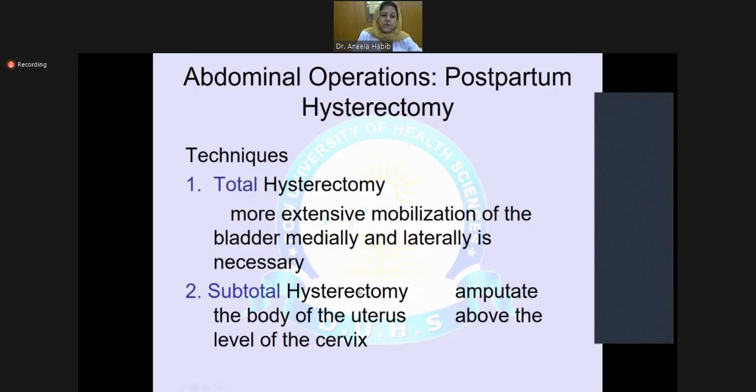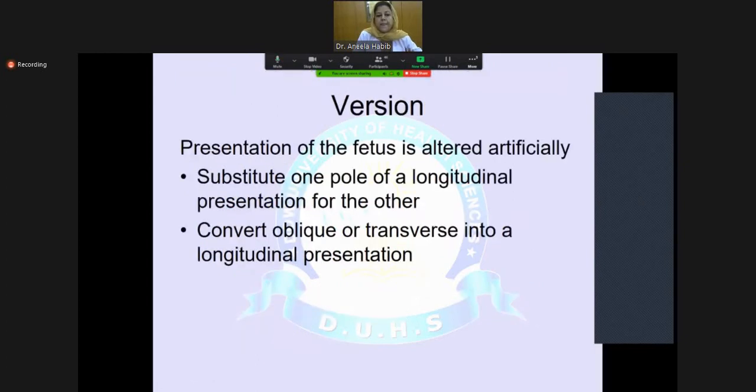In that procedure, you may need more extensive mobilization of the bladder, medially and laterally. It is necessary because the cervix is exactly behind the bladder. While mobilizing the bladder, when you are descending the bladder down, you can see the cervix easily, and you need to take the uterus out.